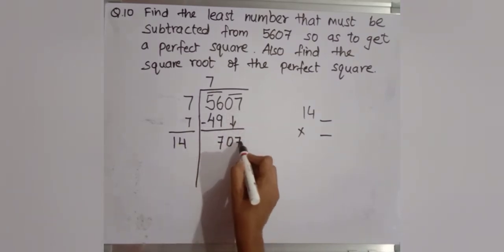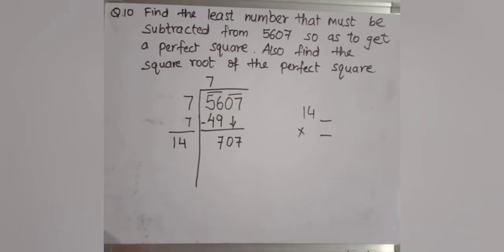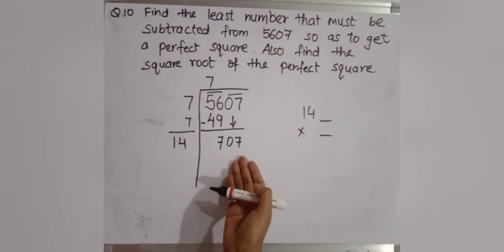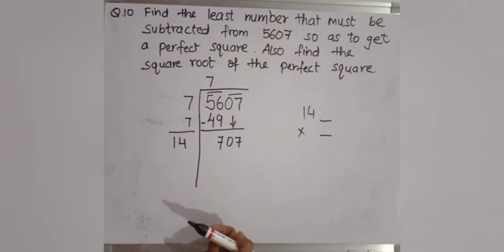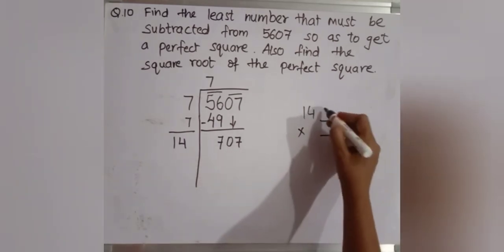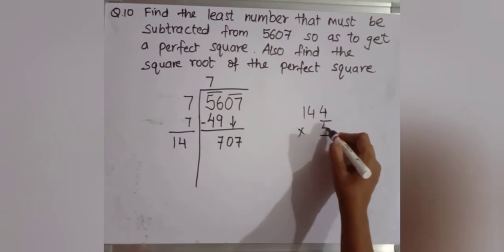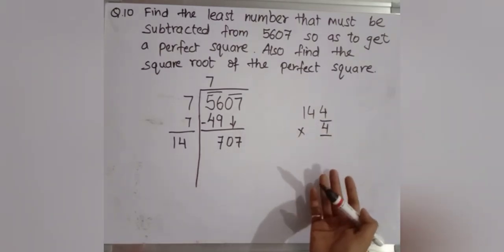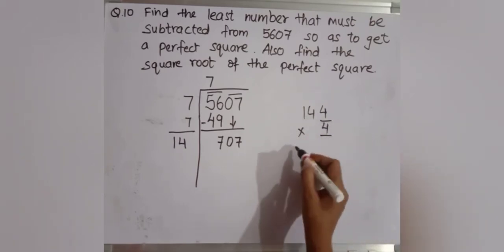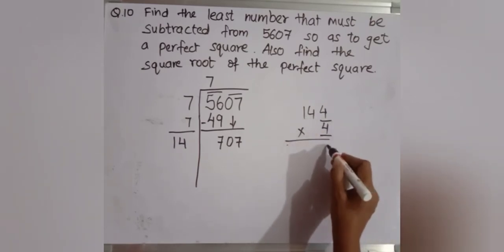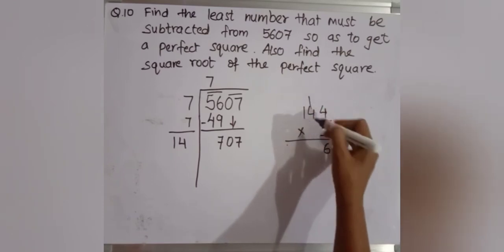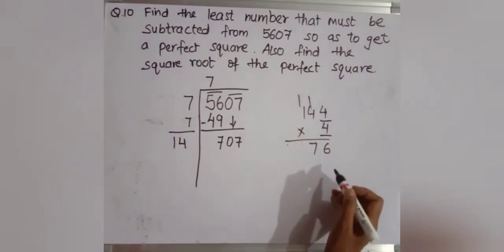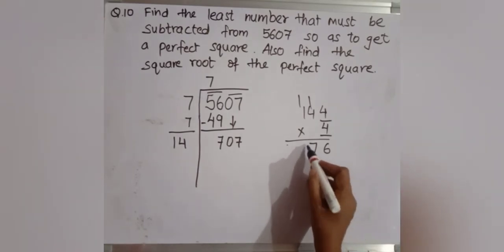So we have 707. Now let us find the number which, when multiplied, gives 707 or less. If we multiply with 4: 4 into 4 is 16, plus 4 for the 16, 16 plus 1, 17, carry 1, 4 ones are 4 and 5.